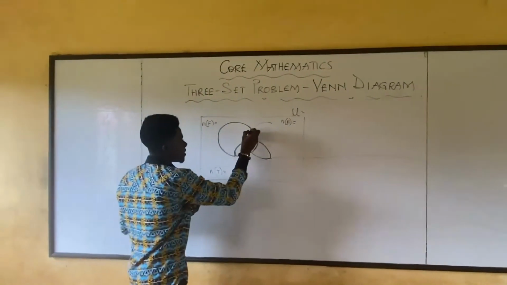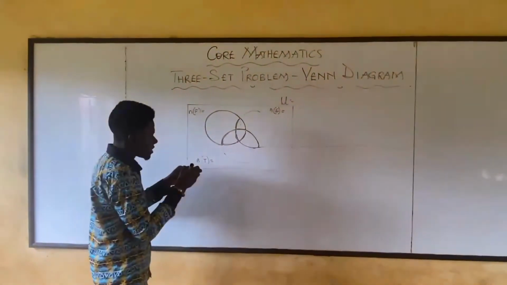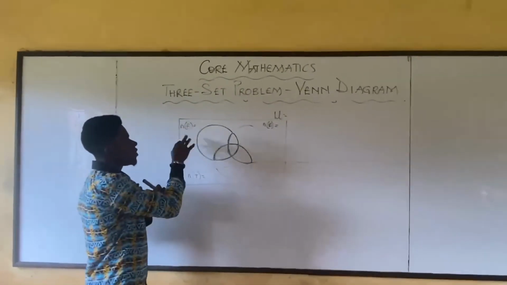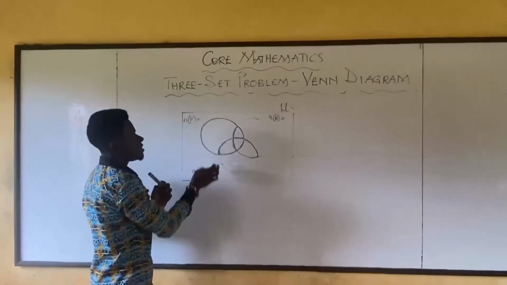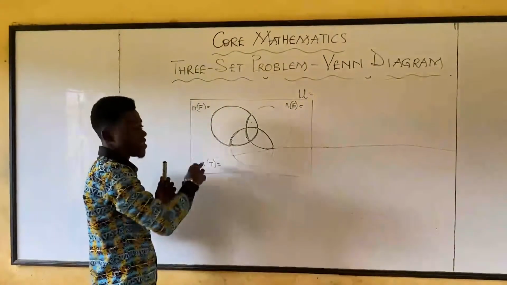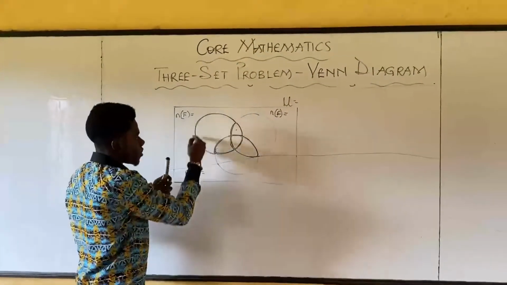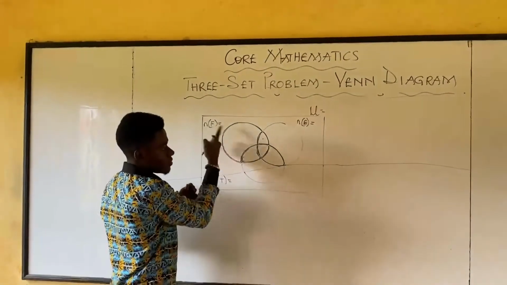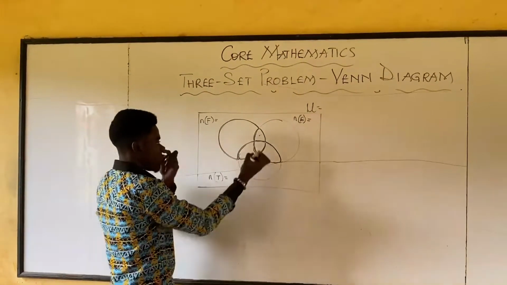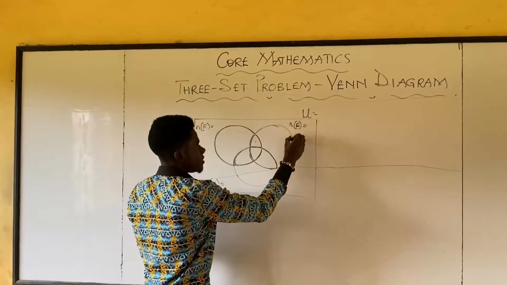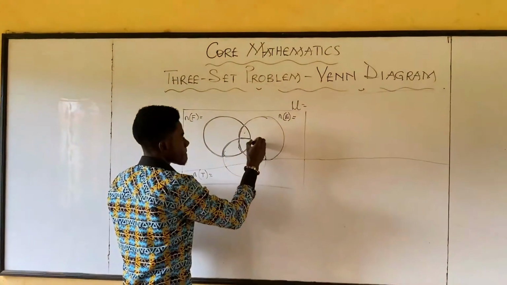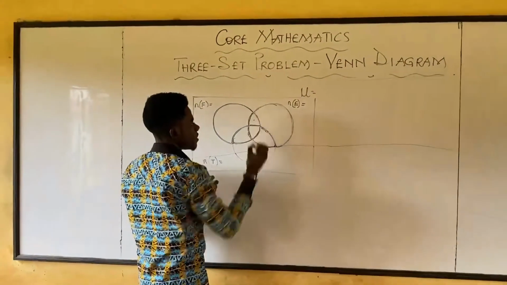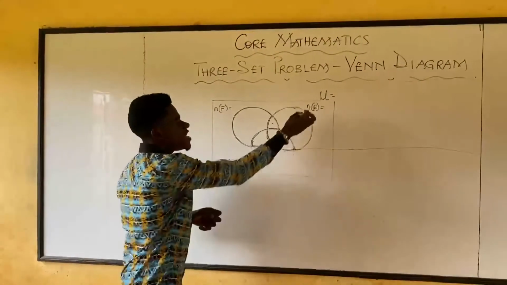So this portion, we call it French only. We are denoting F, E, and T for French, English, and P respectively. So this portion is read as French only. If you also consider this one, this portion also explains English only.